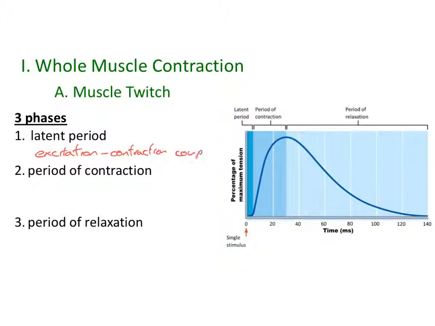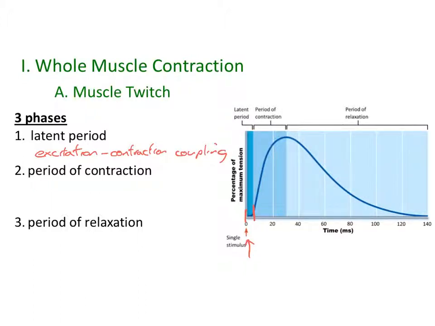If you remember from the last lecture, during this phase you've not actually activated muscle contraction, but you're just getting that process started. And so down here, you can see the latent period is that roughly 5 millisecond period in which no force is being generated, even though the stimulus was added at time 0.